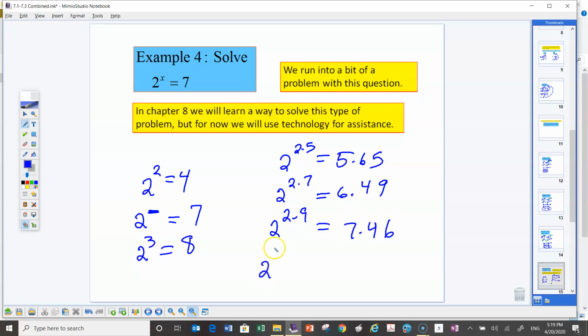Let's try 2 raised to the 2.8. That works out to be 6.96, which is fairly close to 7, so I would say x is approximately 2.8. So again, we just use technology to help us with this problem.